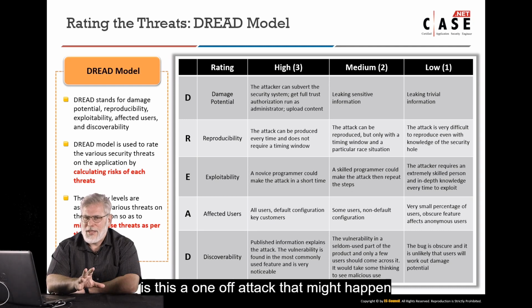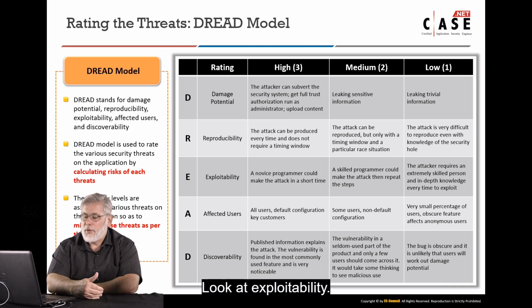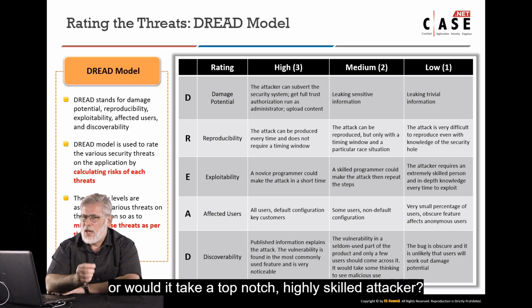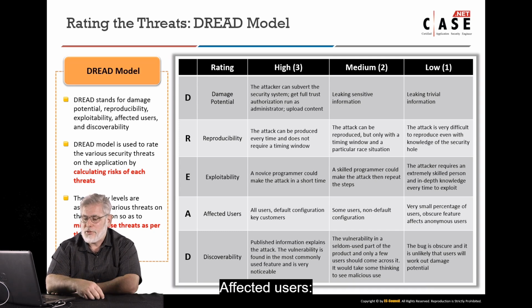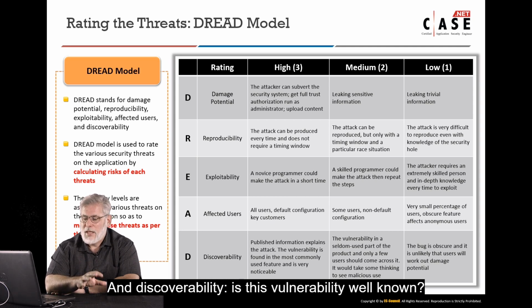Is this a one-off attack that might happen but would be difficult to repeat, or is this something that an attacker can consistently do? Look at exploitability. Could a novice attacker do this, or would it take a top-notch, highly skilled attacker? Affected users. Would this affect a few users, many users, all users? And discoverability.